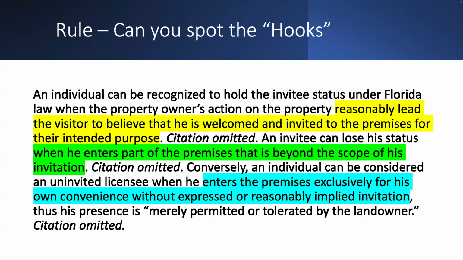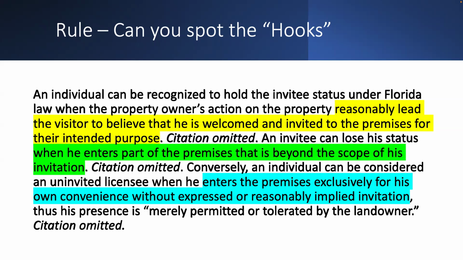The next thing that I think needs to be explained is what does it mean to enter a part of the premises that is beyond the scope of an invitation? What limits an invitation and its scope? And the third would be enter premises exclusively for his own convenience without expressed or reasonably implied invitation.